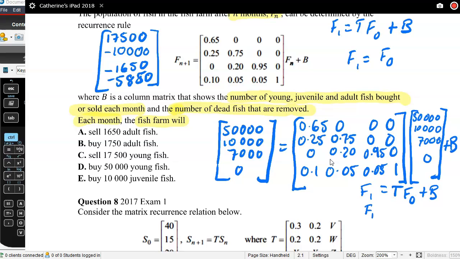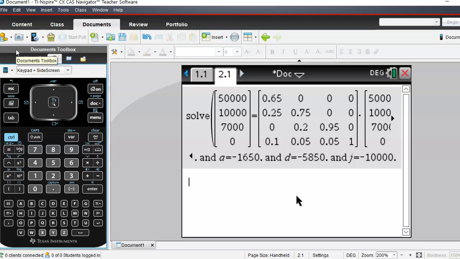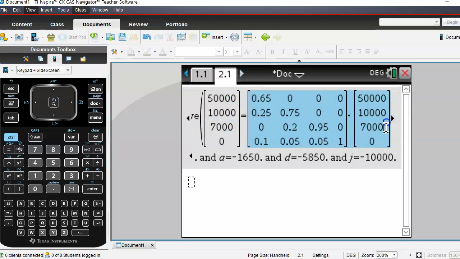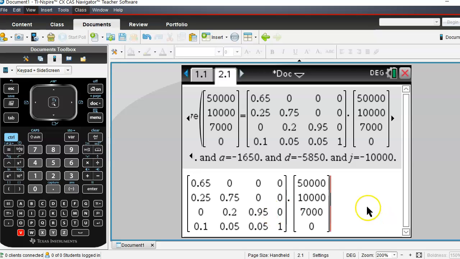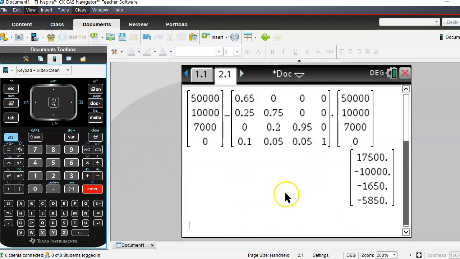So F1 take away transition F0 equals B. Let's do that on the CAS. I'll grab bits and pieces from this one, so let's select that and copy it. Control copy, paste, take away, enter. And you can see we've got the same matrix there.